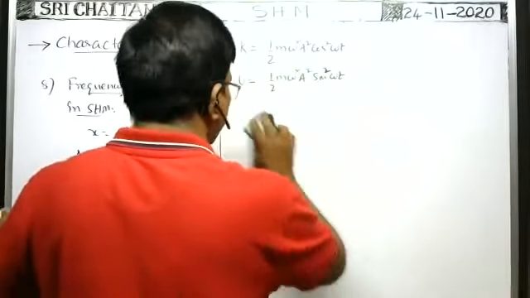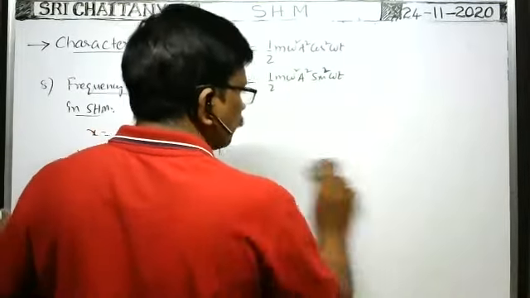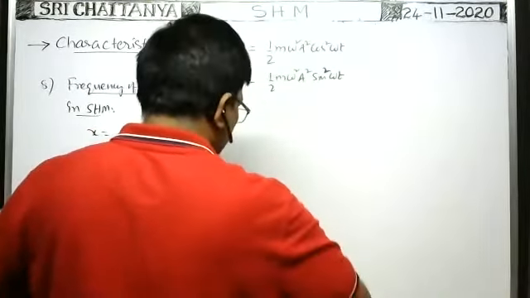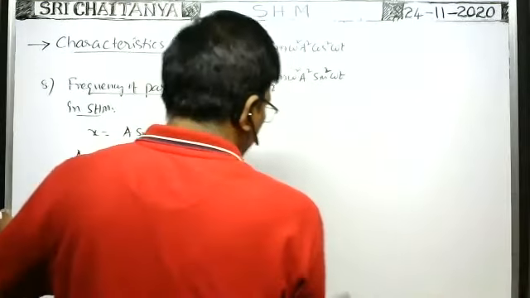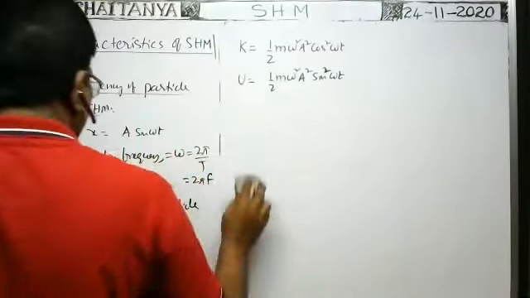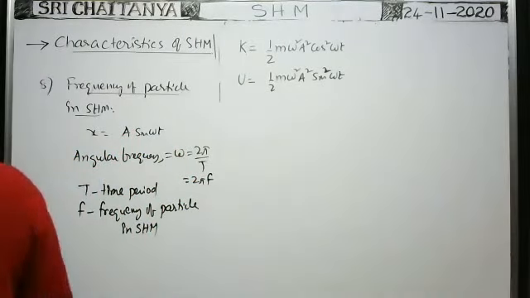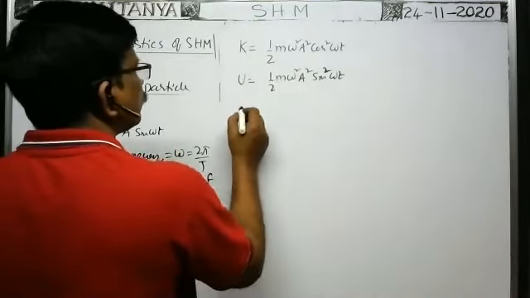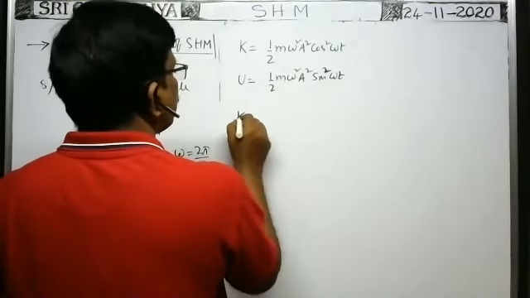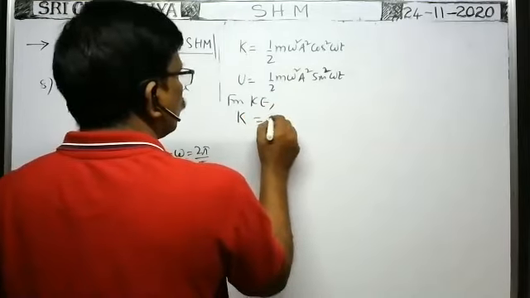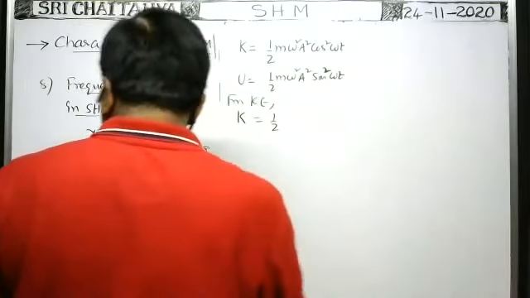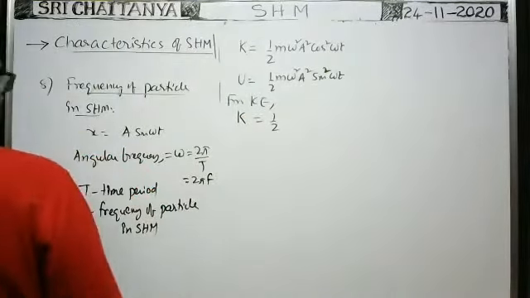Frequency of varying kinetic energy, because with time the kinetic energy varies, no? Potential energy also varies. The frequency of varying kinetic energy or varying potential energy is dash. You see, I will use this formula directly.